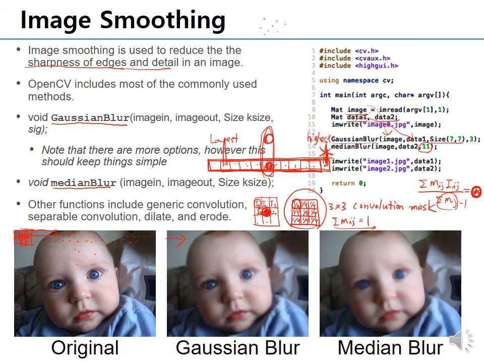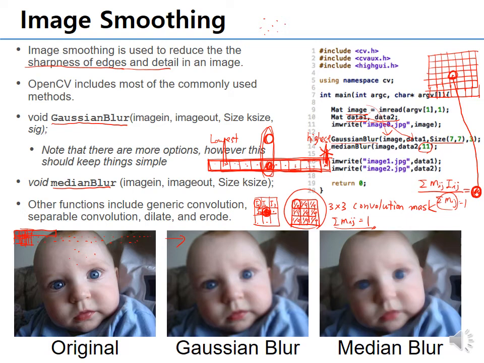We apply a 7x7 mask. This is quite a big mask, and after applying the mask, it calculates only one number, and we apply the number here.